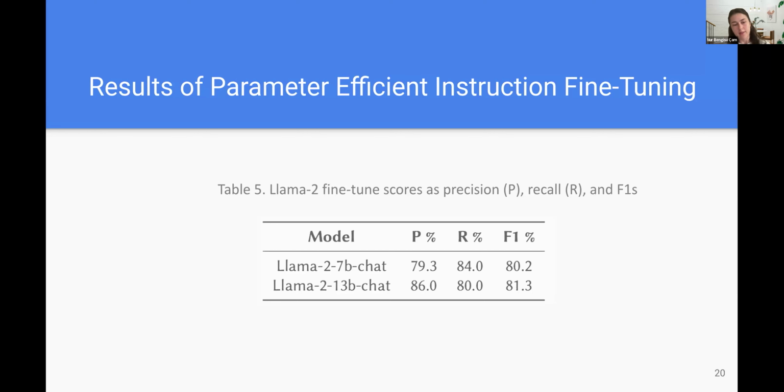We can say that the 30 billion model outperformed the 7 billion chat model in the fine-tuning setting. Also, if we remember the previous results, these two models actually outperformed the zero-shot and five-shot settings of the 70 billion chat model as well.